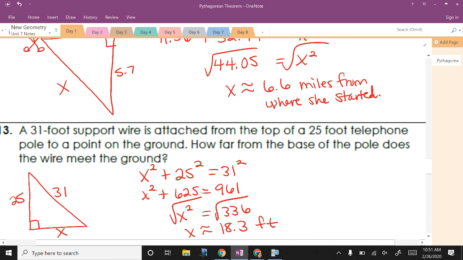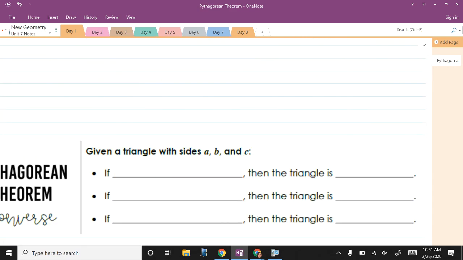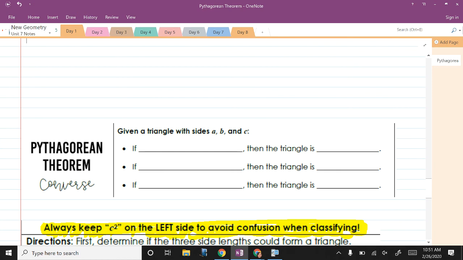All right, turn to page 3 in your notes. This won't take long, I promise. So the Pythagorean theorem has a converse, just like a lot of theorems do.